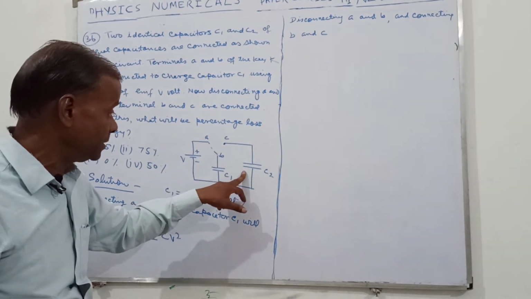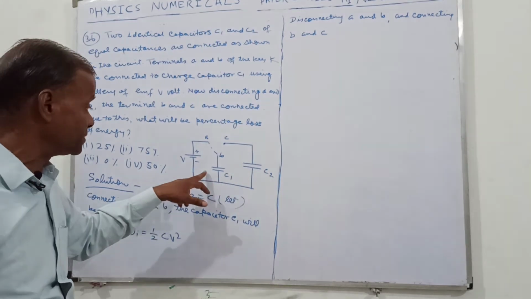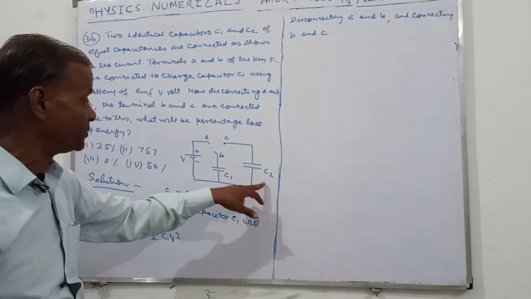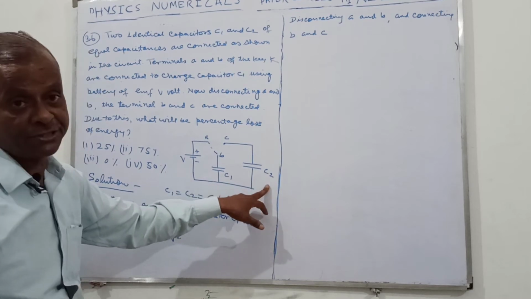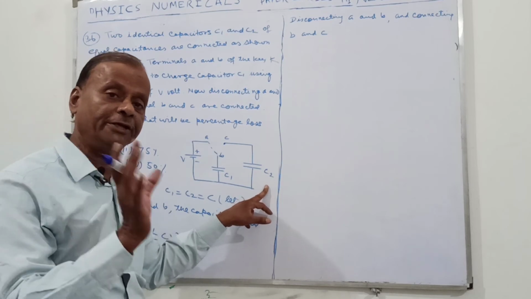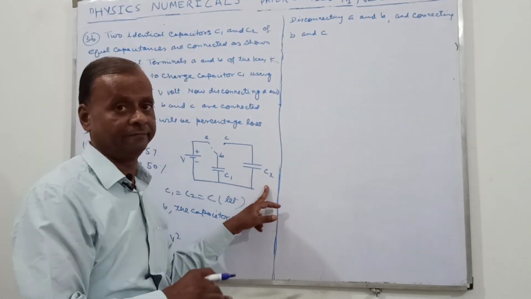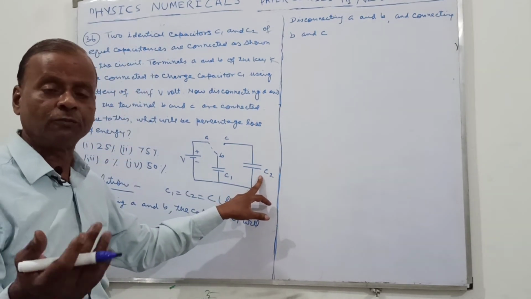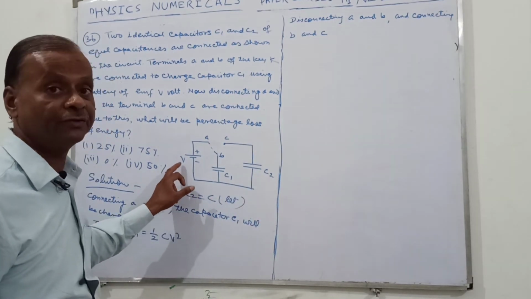So the capacitor C2 will also get charged. Since this is a charged body, when they connect, there will be a common potential between the capacitors C1 and C2. Either you find that the charge on each will be equal, or that the potential will be equal. Here the potential is V, here the potential is 0. So the common potential will come out to be half of this one.